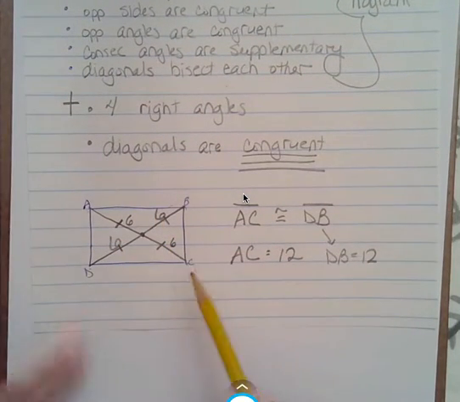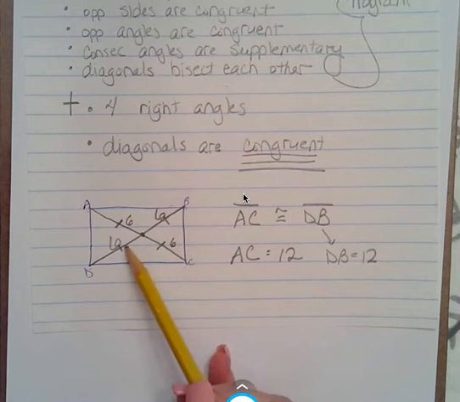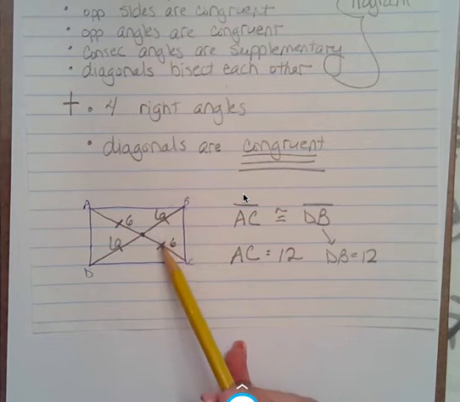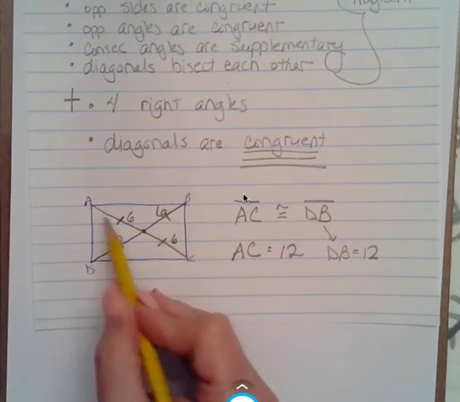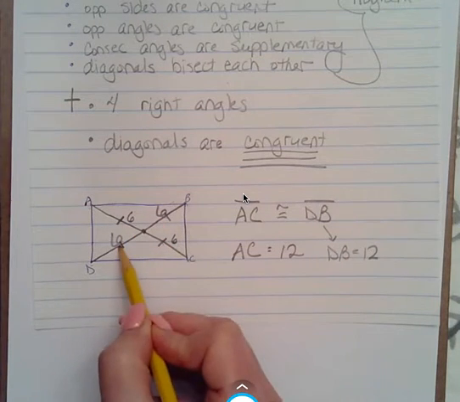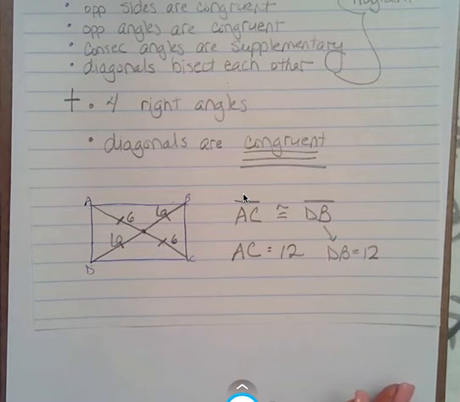So when you have a rectangle, each of these small pieces of a diagonal is equal to the others. All 4 of these pieces are the same. That may come in handy.